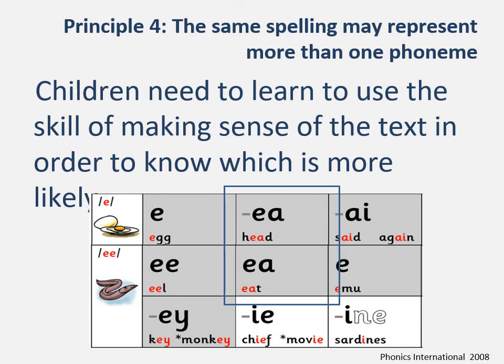That they're not just reading out eed, but they see that combination of H-E-A-D. They're familiar enough with it within its context to know that it's actually, in this case, going to be an E sound. We are looking for children to develop automaticity in their reading, so that they shouldn't have to sound everything out, but they need to be aware that letters make different sounds depending on their context.